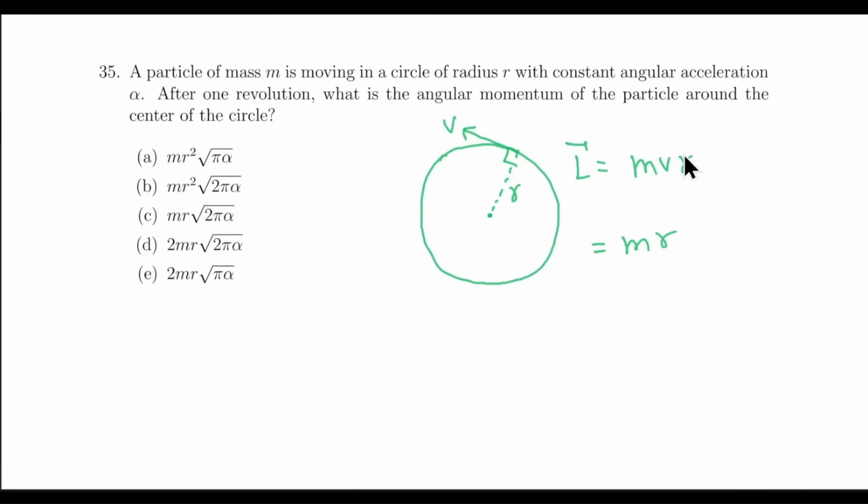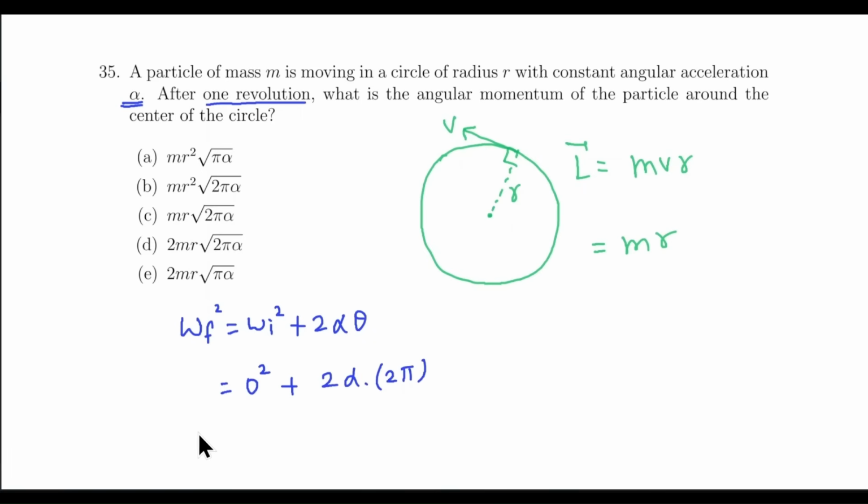We need to figure out what v is, and for that I need to take the alpha into consideration. One revolution would mean a theta of 2 pi. So I think I can use the omega final square is equal to omega initial square plus 2 alpha theta. Starts from rest, alpha is alpha, theta is 2 pi.